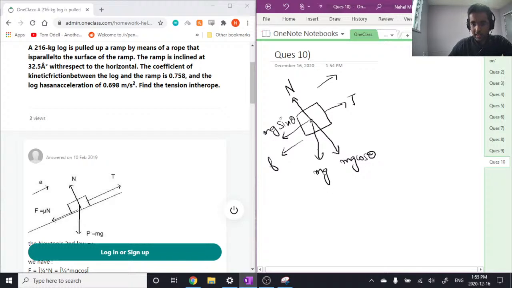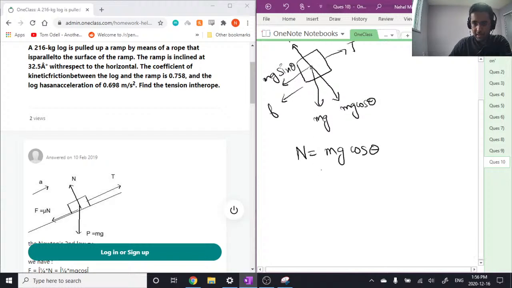So sum of forces along the vertical direction, if I was to do that, I would get N is equal to mg cos theta. Theta is given to be 32.5 degrees. And then in the x direction, if I were to do the sum of forces, I would get T is equal to mg sine theta acceleration.